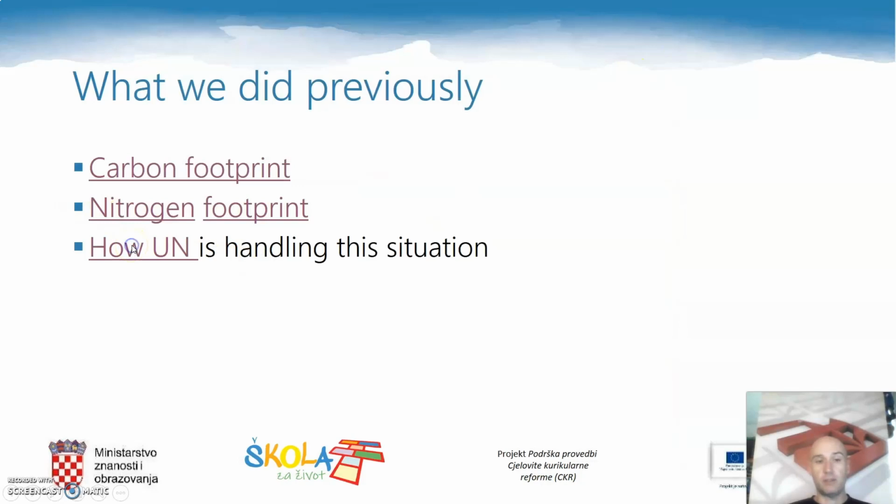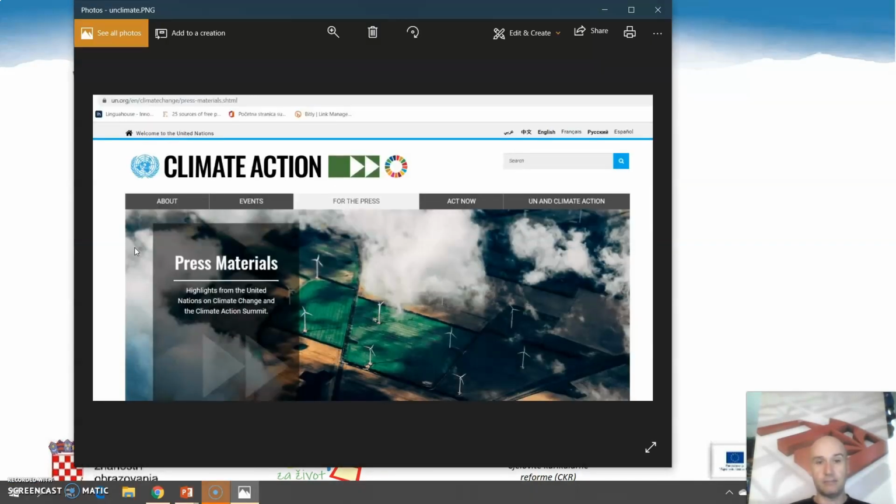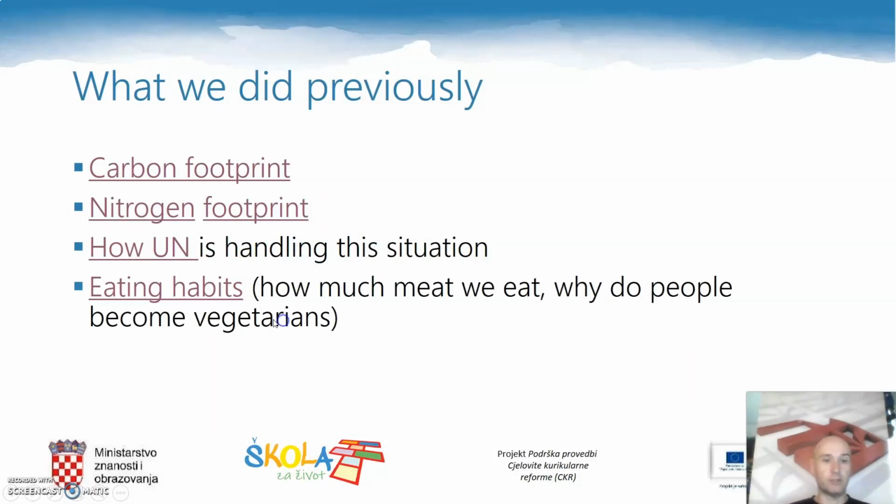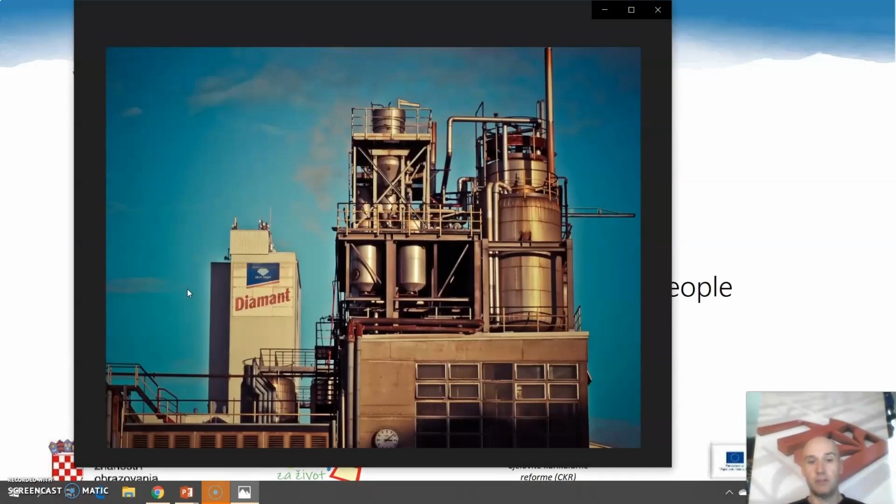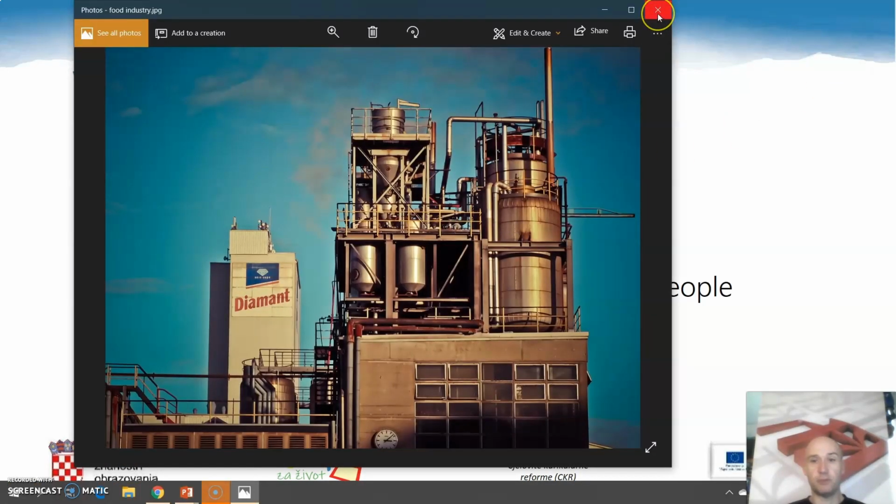Then we mentioned how UN is handling the situation, and what are some of the actions UN is taking on the climate change. We talked about the eating habits, how much meat we eat, why do people become vegetarians. We mentioned the food industry, which is a big problem.